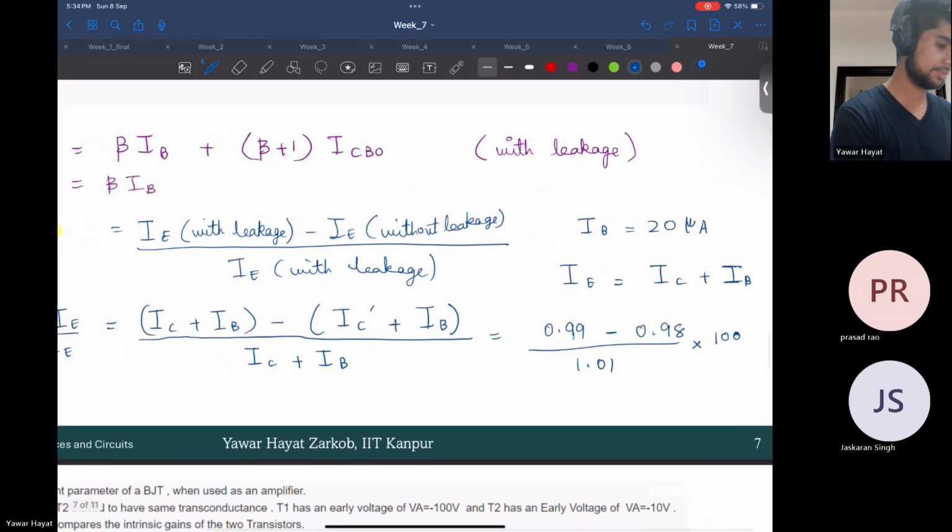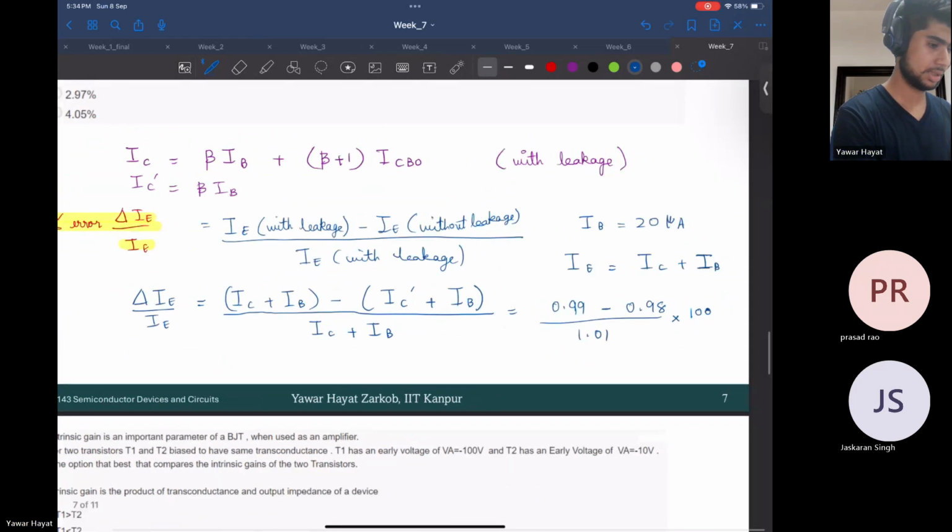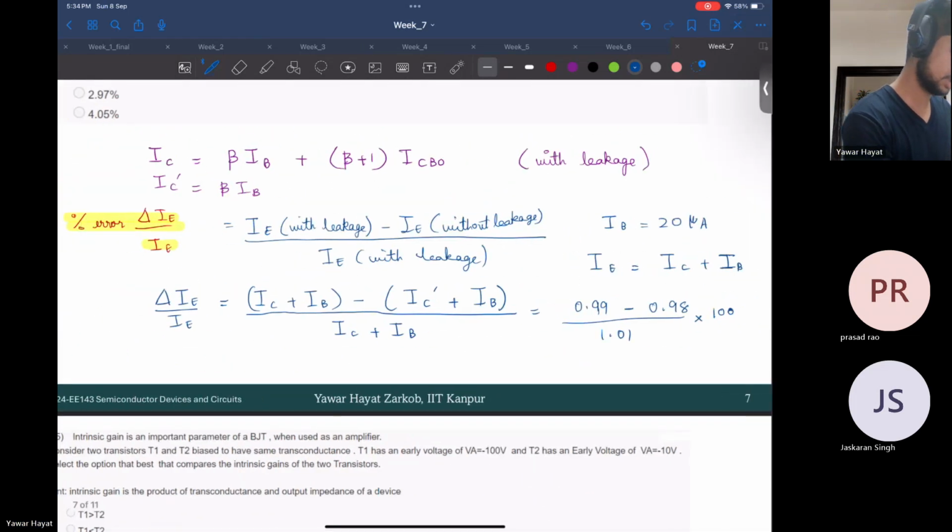Therefore, this delta IE by IE would be equal to 0.01 whole divided by 1.01 into 100.